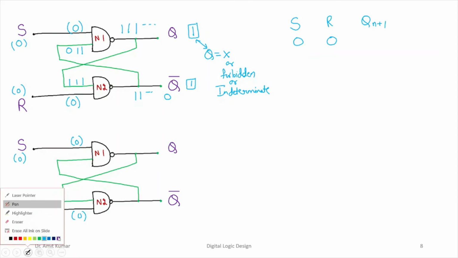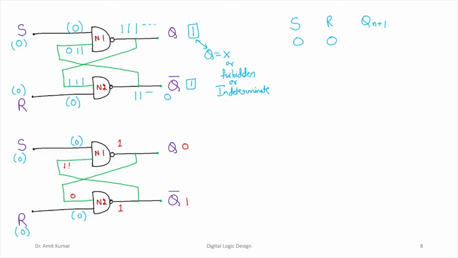In the second possibility, let us say the output has a value 0 before we apply S is 0 and R is 0. So if Q is 0, then Q bar is going to be 1, right? So this input is 0, this is 1, the input of N1 is a 1, 0 NAND 1 output will be 1. 0-0, NAND output will be 1.